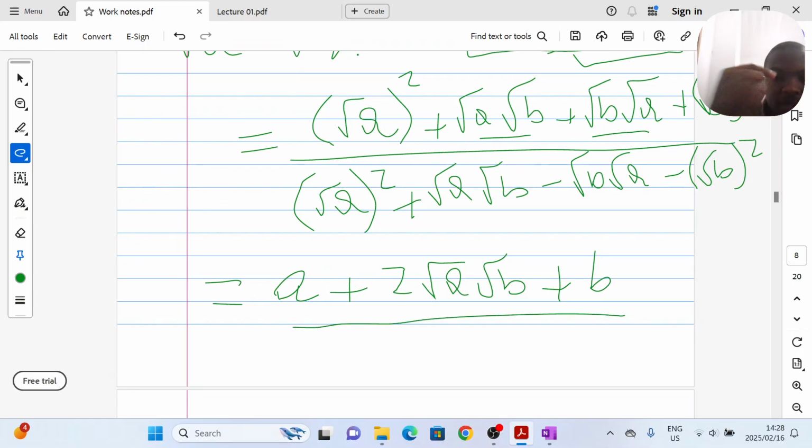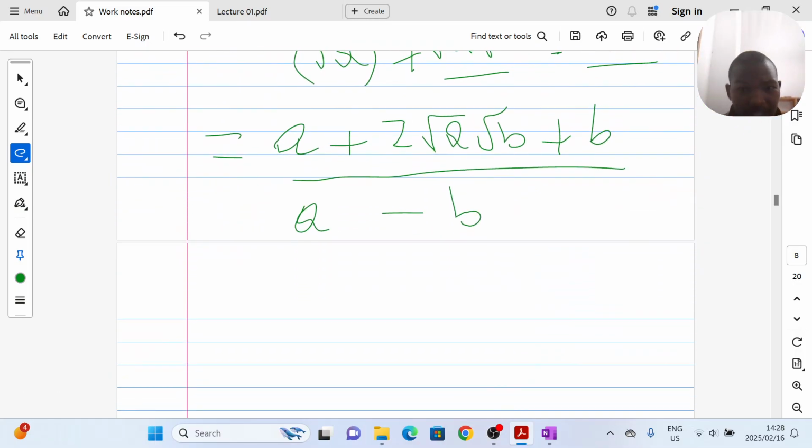Whole thing divided by this term and that term is the same, except that the sign is different, so it vanishes. So you're going to have a squared minus, I'm lying, this is supposed to be a minus b, because we have square root of a and then you square it up.